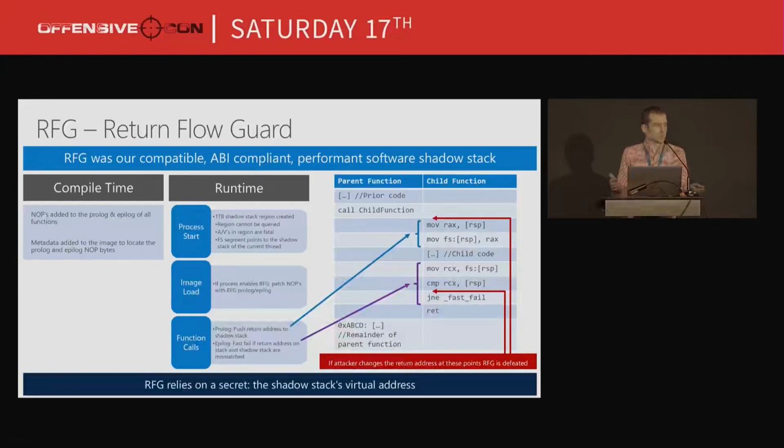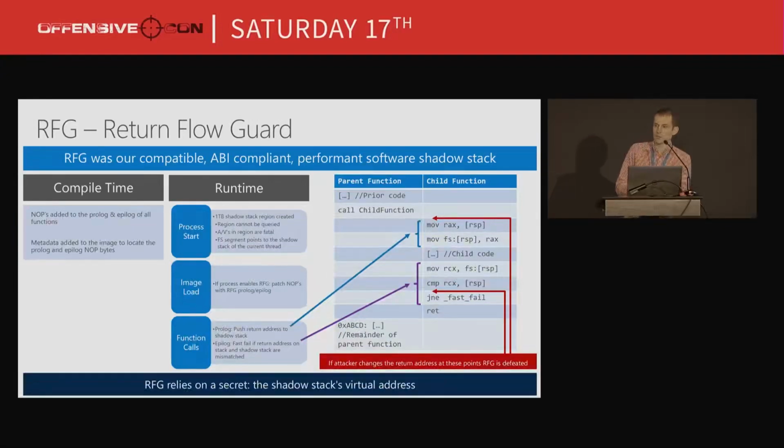Now, there are 2 really important things to realize here. The first thing is this relies on a secret, which is something that Control Flow Guard had hoped to avoid. The secret is the location of that shadow stack. If someone knows where it is, then they can go and corrupt the values on it. The other thing to realize is that there are two by design race conditions here.